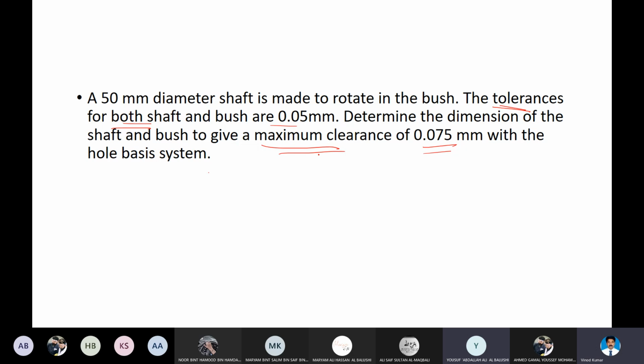Yes, max shaft will be 50.025. So the answers I'm writing here, we'll check them. 50.025 is the maximum shaft. Minimum shaft is 49.975.